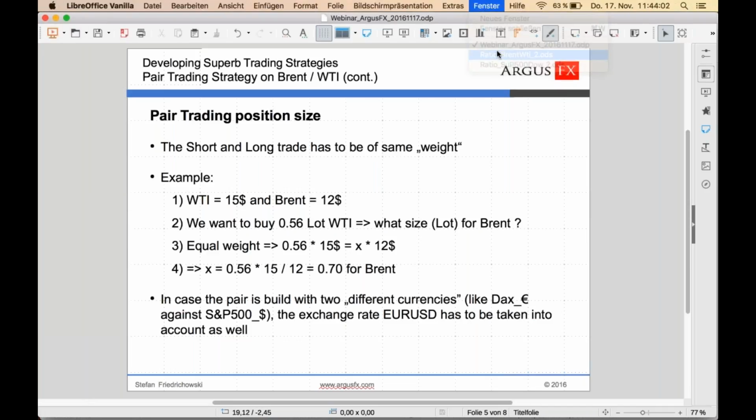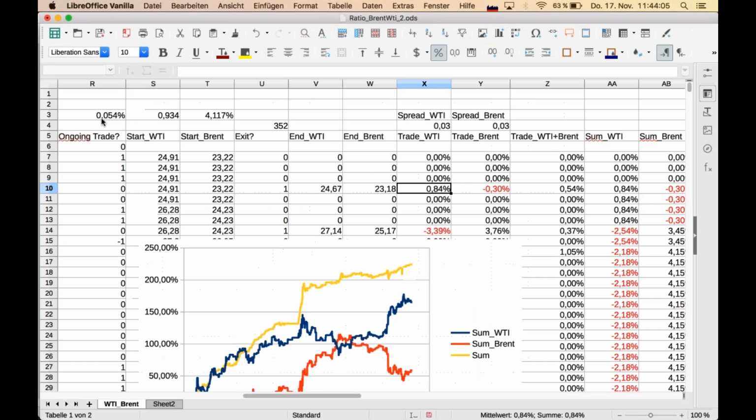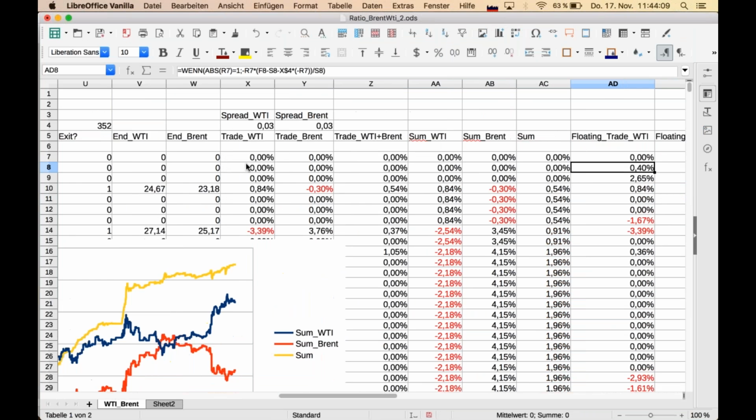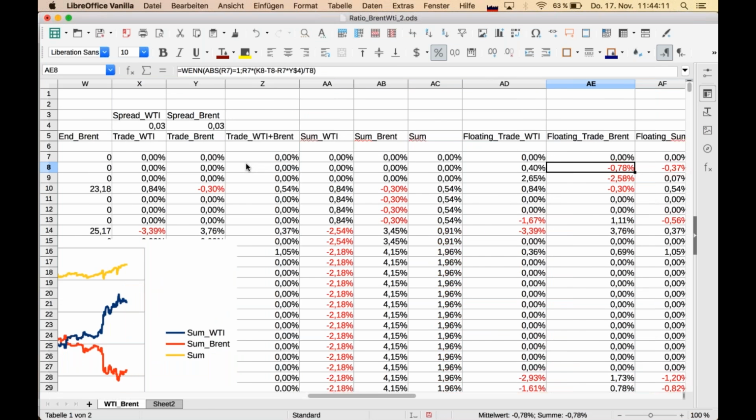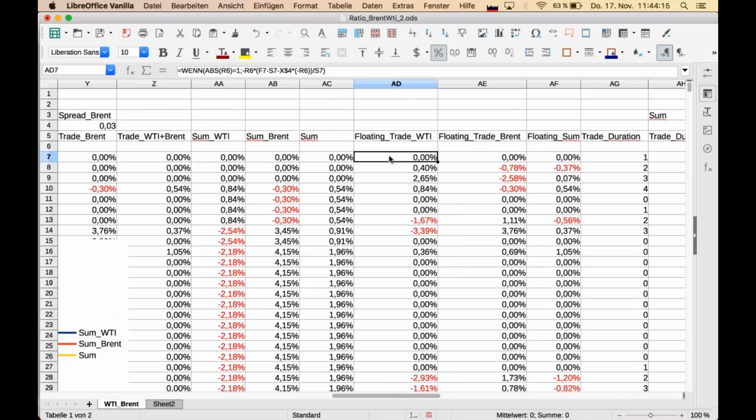And that is already done here. So I go further to the right within my Excel sheet to the so-called floating. I will follow up on that in a second because it's an important number as well. But let's first go through the calculation of our individual trades.